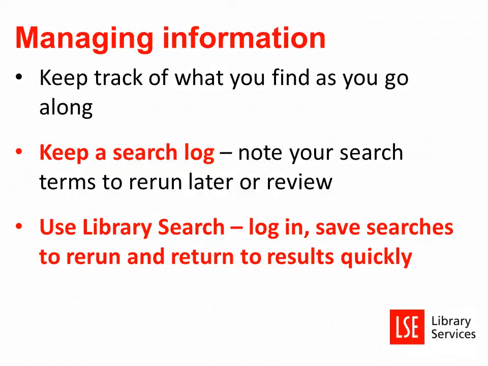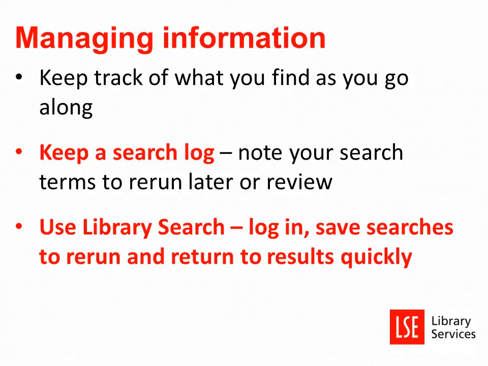Important to the research process is managing the information and the data that you find. So keep track of what you find and what you might need at a later stage as you go along. Keep a search log of the search terms that you've been using so that you can review them easily. And using tools such as Library Search or any subject resource, save the searches so that they can be rerun quickly and accessed easily.